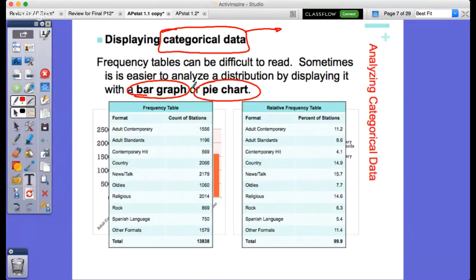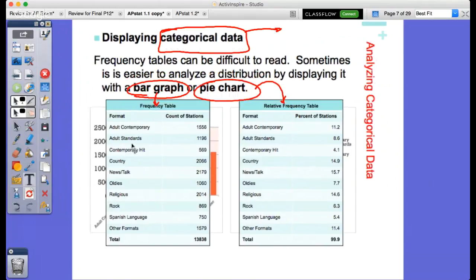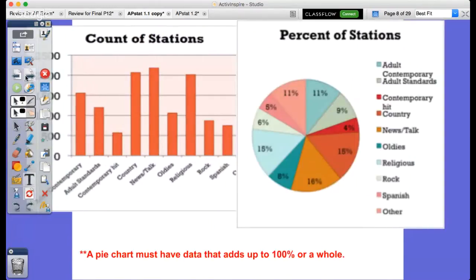I can take this and make it into a bar graph, traditionally with a frequency table, or I can make it into a pie chart, traditionally with a relative frequency table. A good example would be to take a frequency table and transform it here. Let me actually go forward. You'll notice that this would be representative of my frequency or count here, okay?